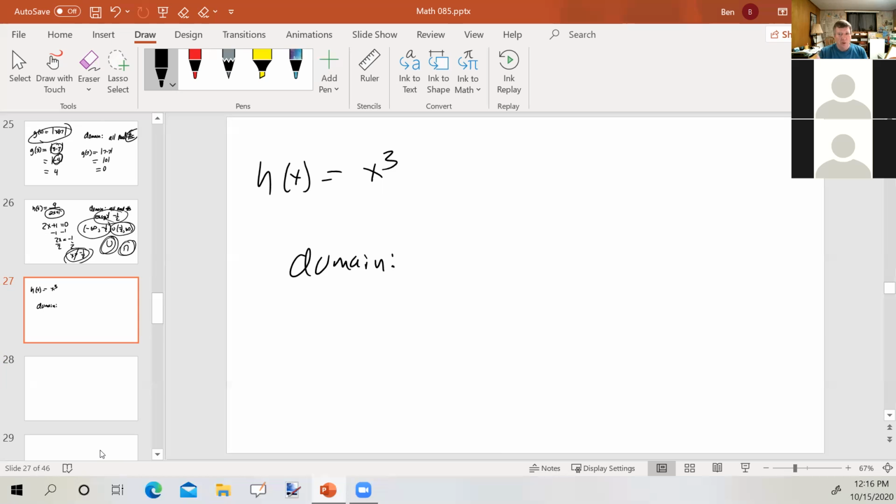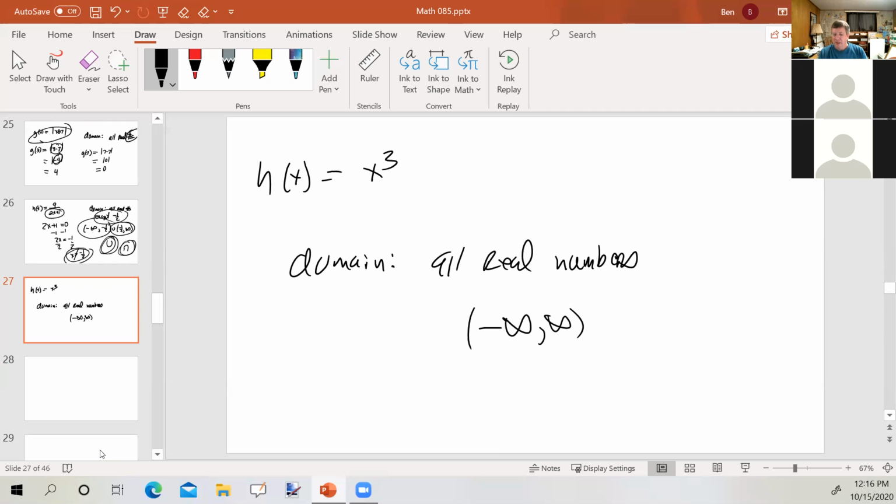There would be no restrictions. So then the domain would be all real numbers? Yes. I've been focusing on finding the bad guys and booting them out. This has no restrictions, so the domain would be all real numbers, or from negative infinity to positive infinity.